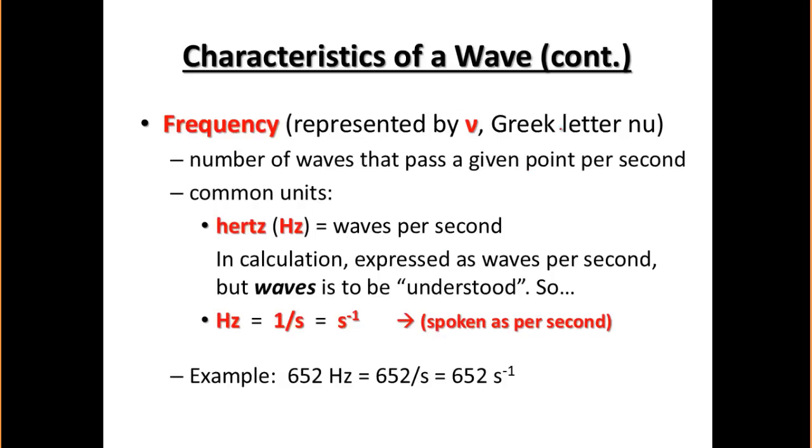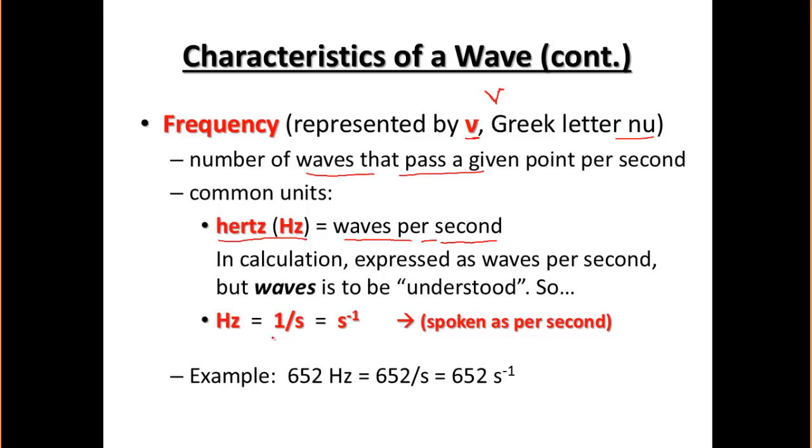Frequency, then, is going to be the letter nu in Greek, which is presented with this little fancy v. It's got kind of a little tail up to the top of it there. And this is going to be frequency, how frequently, or the number of waves that pass a given point per second. So hertz is what we usually will measure in, Hz, amount of waves per second. So in calculations, we'll express it as waves per second, but usually waves is understood, so a lot of times it's just going to be known as per seconds.